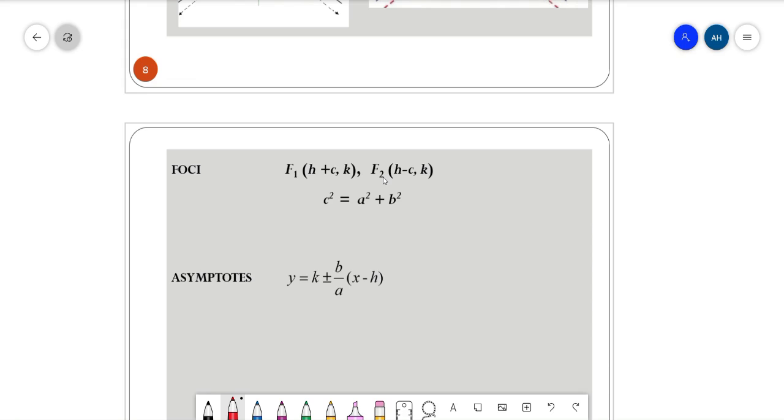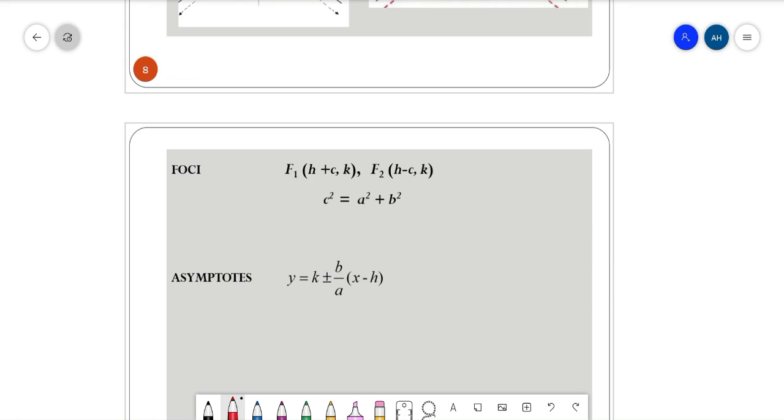The only difference is that for f1 we have h plus c, and for f2 we have h minus c. The y part is still the same, that is the value for k. Now this is the equation of the asymptote: y minus k equals plus minus b over a times x minus h. We can break it down into two equations actually.